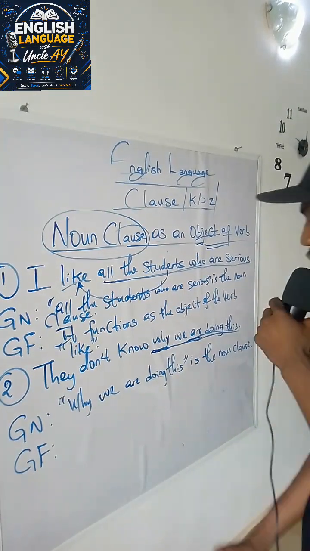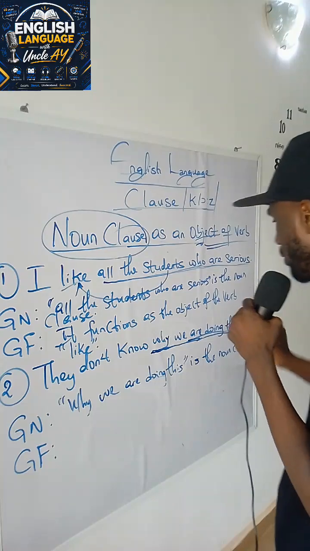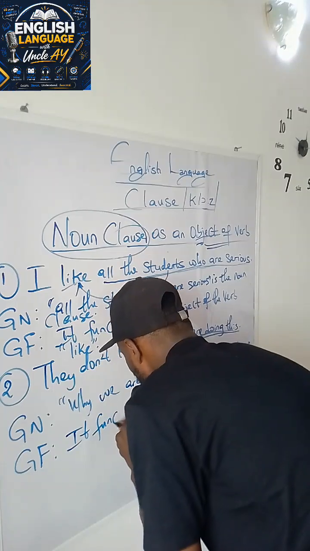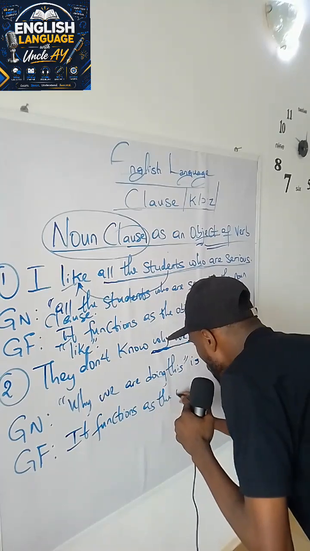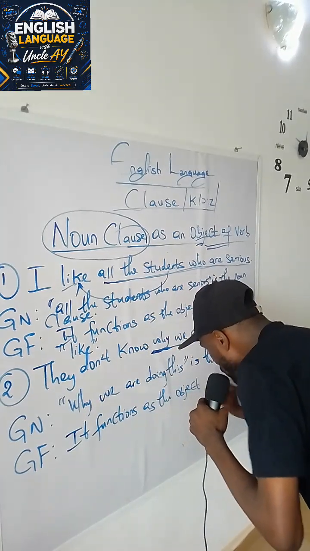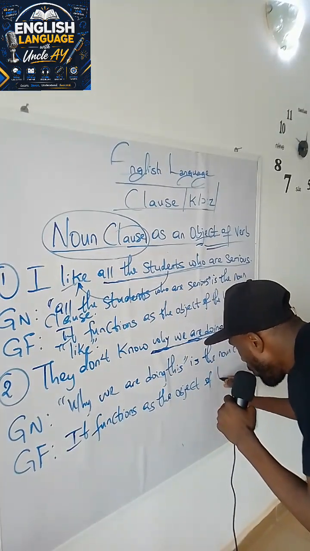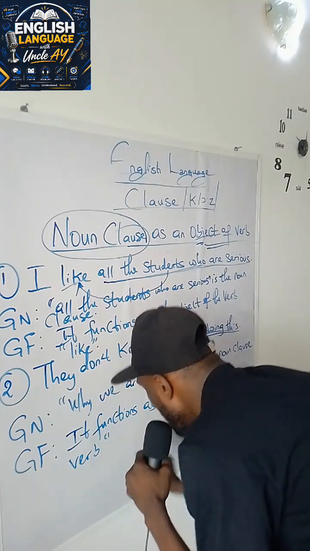So what is the function of, now, why we are doing this, I beg your pardon. So that would be, it functions as the object. Let's not forget the focus there. Object now. Object of what? Object of the verb. So what will be the verb in question here?